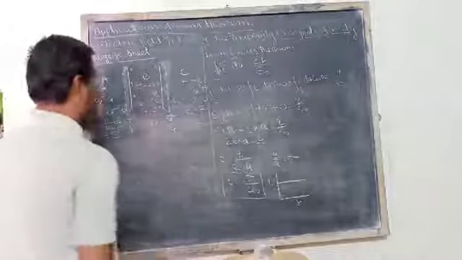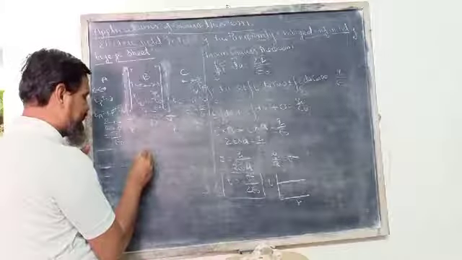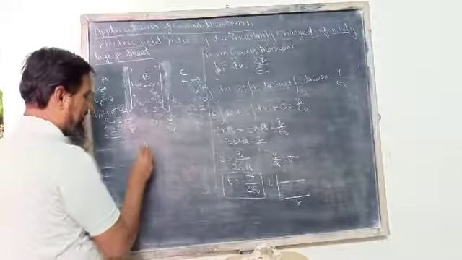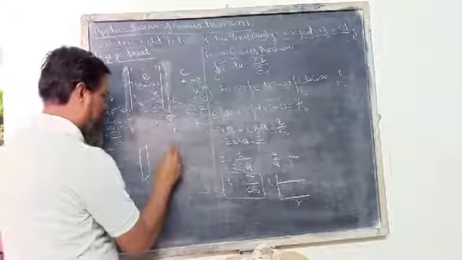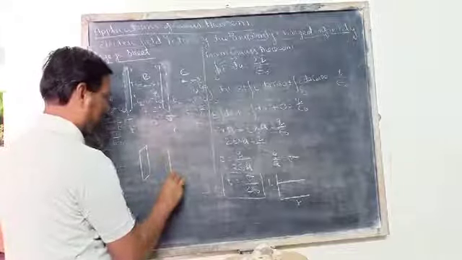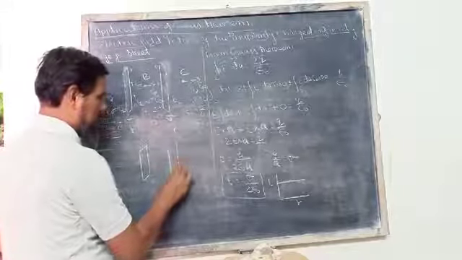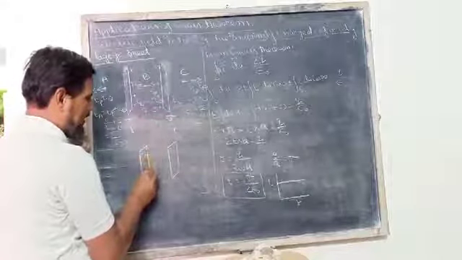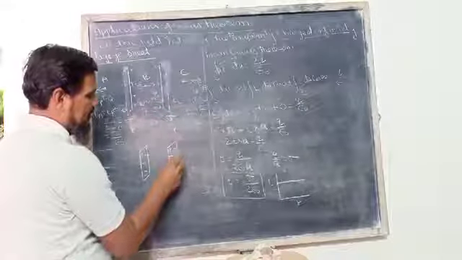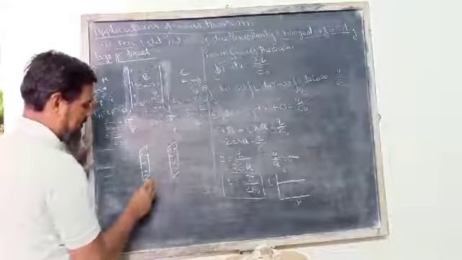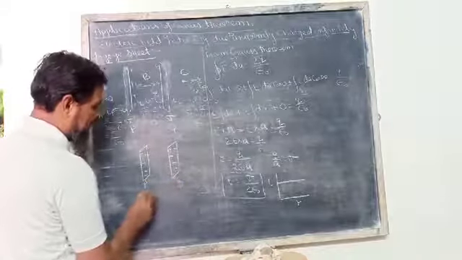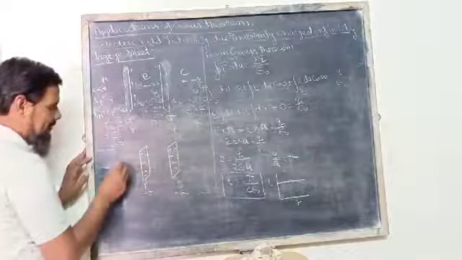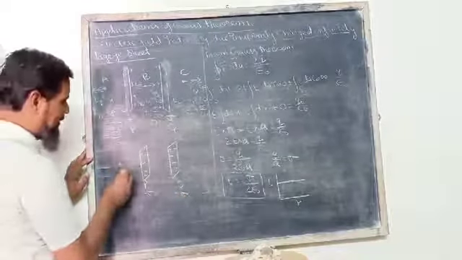The similar result can be obtained for two negatively charged plates, but the direction of electric field intensity will be changed. Both are negatively charged plates. This is P plate, this is Q plate. The surface charge density is minus sigma. We consider them equal, you may consider different also.